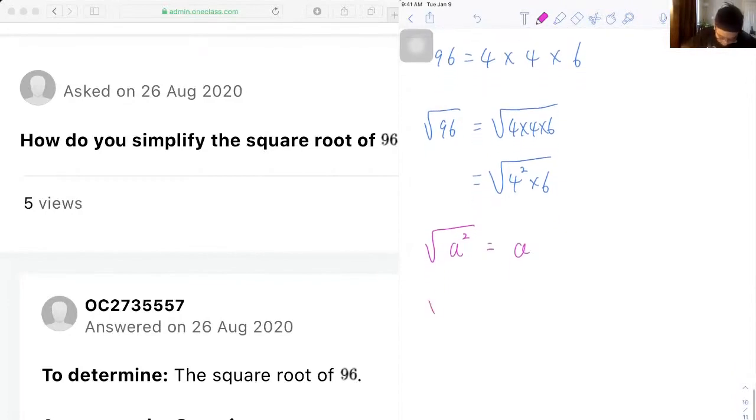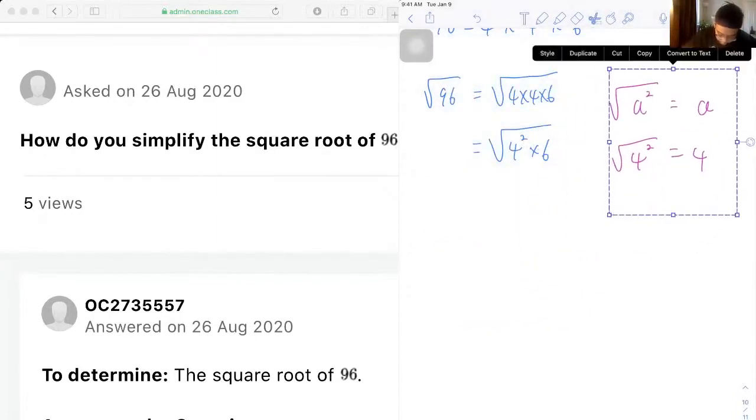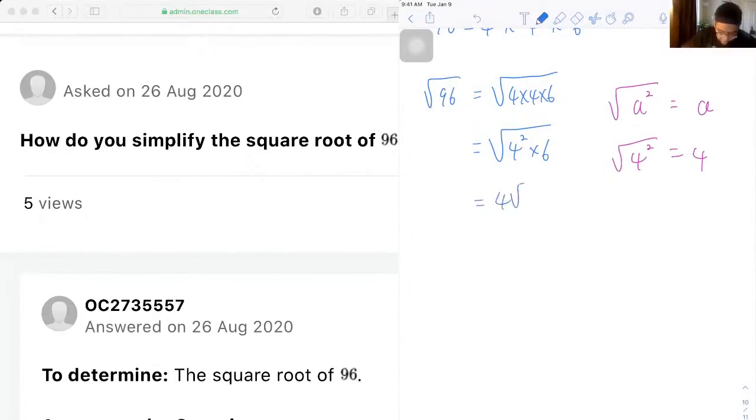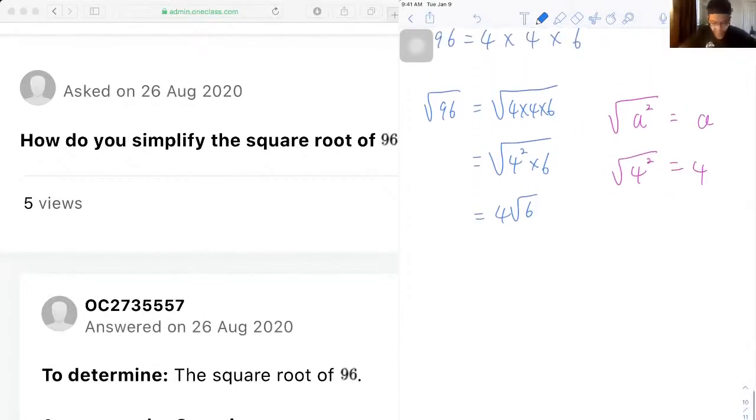So root 4 squared is just equal to 4. Okay, so coming back to the question, we will just have 4 root 6 as our answer. Okay, so that should be the final answer for this question.